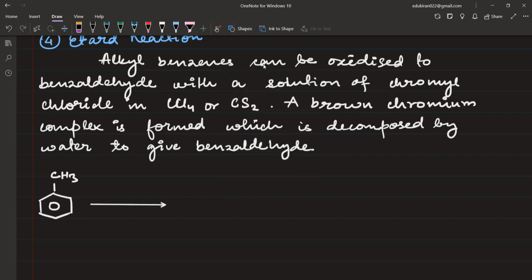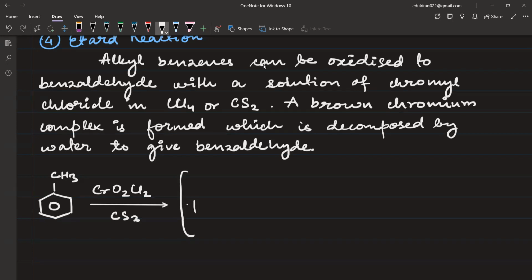First step is chromyl chloride, which is CrO2Cl2, in the presence of CS2. This CS2 is not a reagent, it is just a solvent. Please remember that.